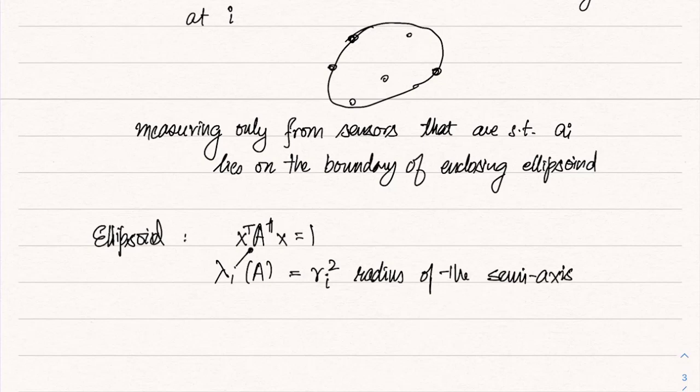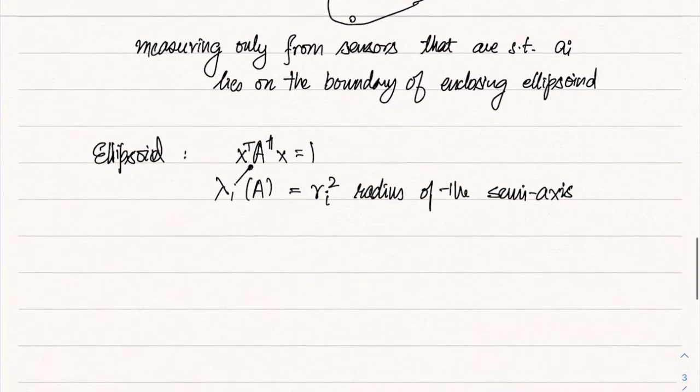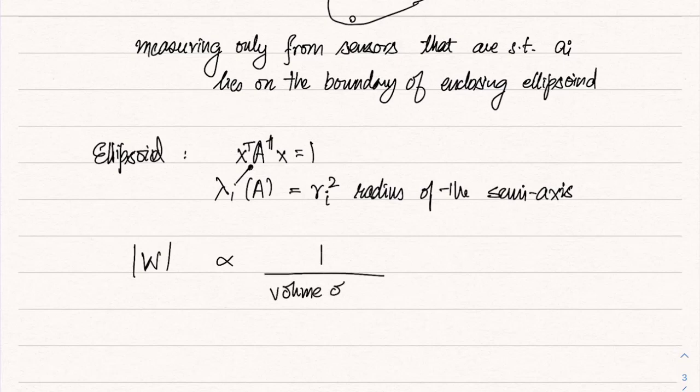So the direction in which we are taking the radius is specified by the corresponding eigenvector, and the eigenvalue is the square of the radius, right? So in that sense, you can actually verify that the determinant of W corresponds to 1 by volume of the ellipsoid.